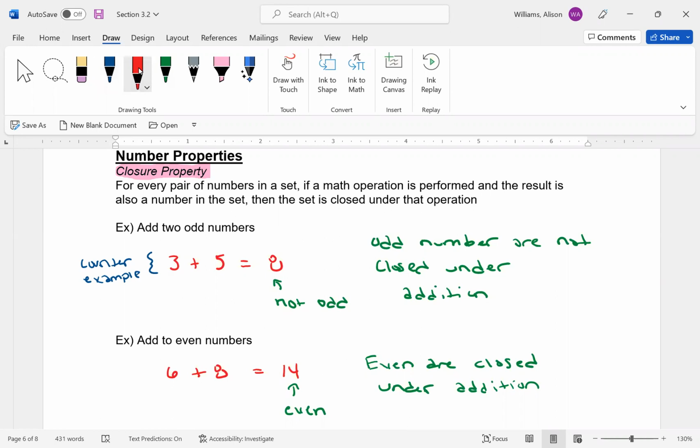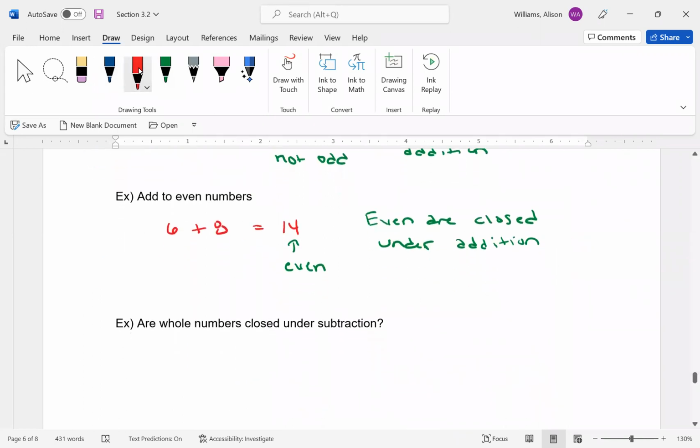Okay, so are the whole numbers closed under subtraction? We want to grab two whole numbers, subtract them, and see if we get a whole number. Now let's refresh our memory. Whole numbers are numbers starting with 0 and then going 1, 2, 3, and so on. They are the counting numbers with 0. So the whole numbers do not have any negatives.